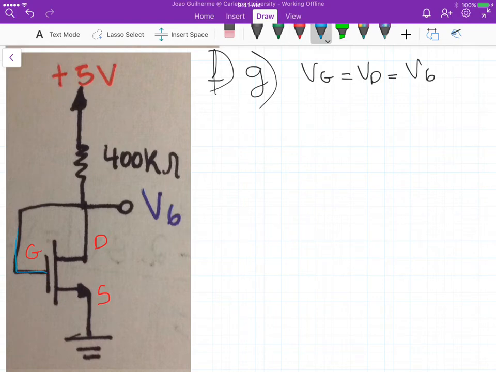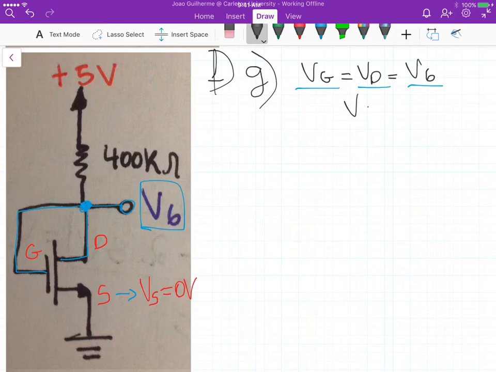Now this path here gives us that the voltage at the gate is the same as the voltage at the drain, and because we are calling this potential at this particular node V6, they are all equal, right? They are all the same potential. And down here, the potential at the source is equal to 0 volts because it's grounded. So that's another piece of information that we get from the circuit, right?